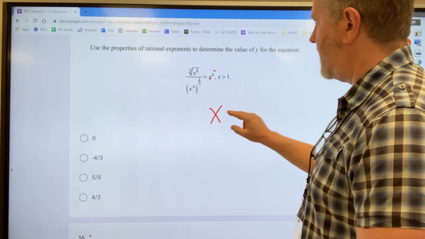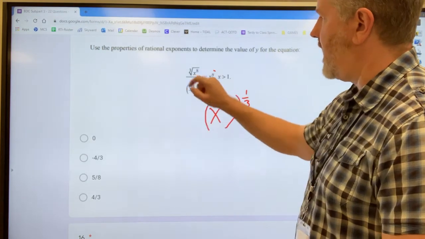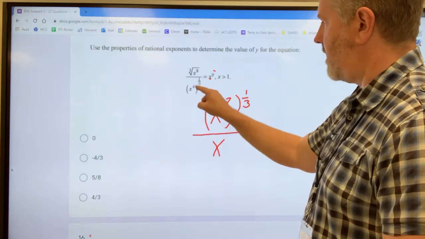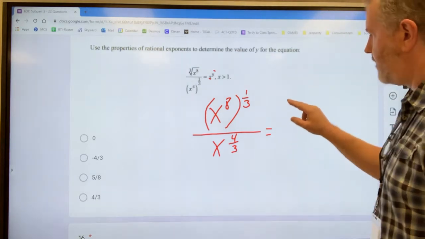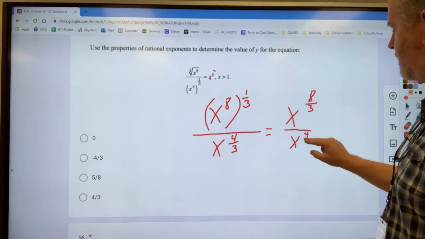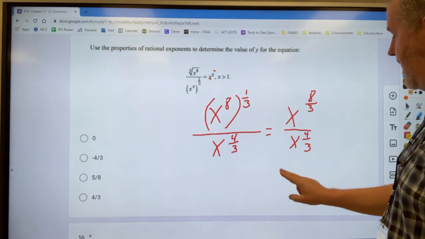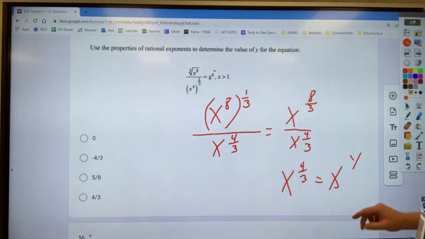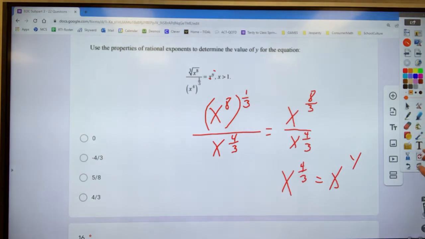So the top is x to the 8th to the 1/3 power. All I did was turn that third root sign into a 1/3 exponent over x. Power to a power is multiply, so to the 4/3 power. So x to the 8/3 divided by x to the 4/3 is the same thing as I subtract powers when I divide. x to the 4/3 equals x to the y. When your bases are the same, the exponents are equal, so I'm going to go with D on that one. Let's double check it.